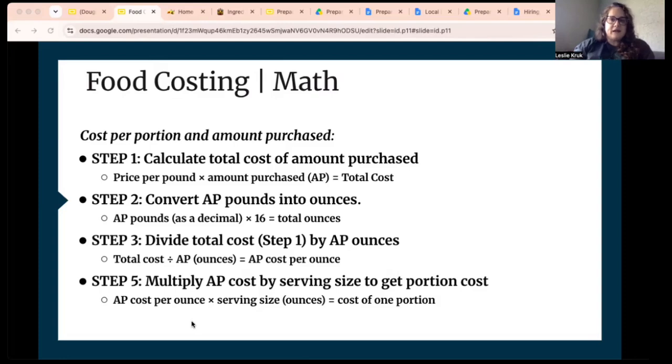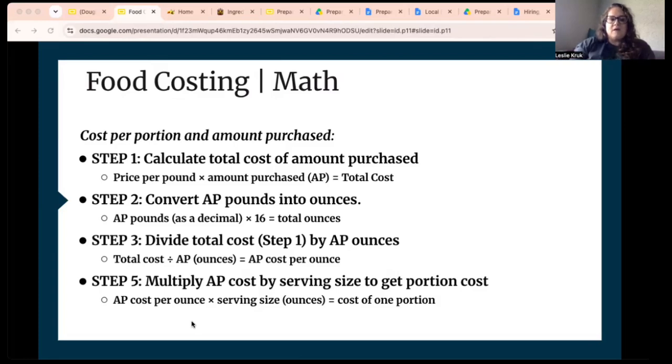There are 16 ounces per pound, and that'll give you the total ounces. Now you can take that total cost of that amount purchased in step one and divide that by the amount in ounces. And this will give you the amount purchased cost per ounce.